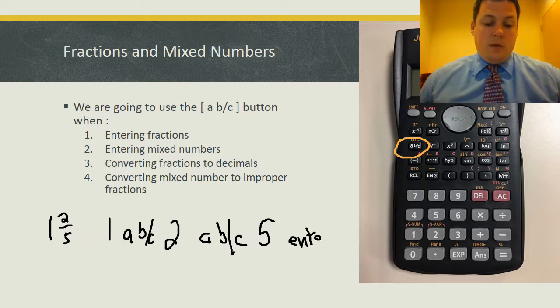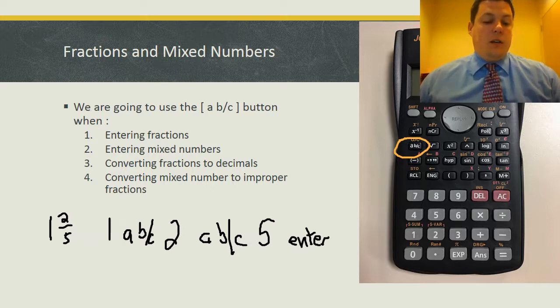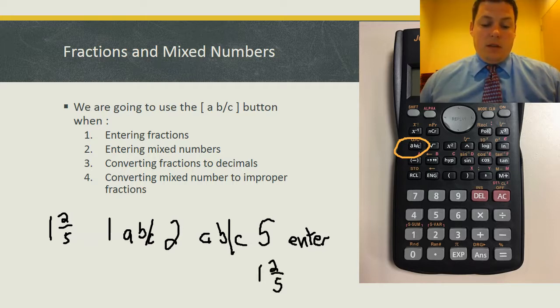So anytime you're typing in a fraction, whether it's a mixed fraction, an improper fraction, or a regular fraction, you want to put ABC in between each number. You hit enter, and it'll pop up like this. And again, in the calculator, that'll look something like this as you're entering it.